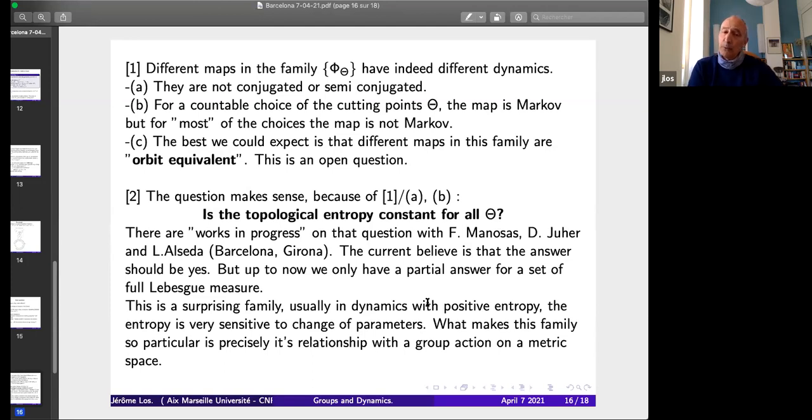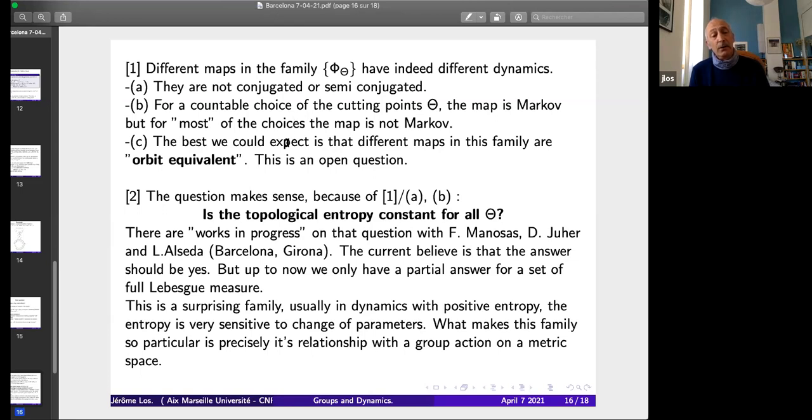The second question was about the topological entropy. The question was, is it possible that the topological entropy of all the maps in that family is constant? And if it's constant, it has to be the volume entropy of the group presentation. The reason why this question makes sense is that, first, it's not obvious because, as I said in point number 1, these maps are not conjugated, so they could be different.